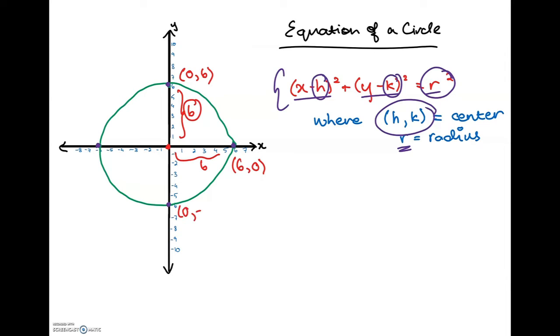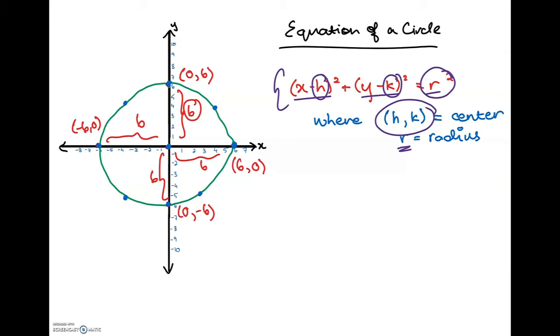And this is 0, negative 6, so this distance is also 6, and the same goes for this point over here, negative 6, 0, and this radius is also 6. So that's how you know it's a circle, because the distance from the center to each of these 4 points is the same. Or any point on the circle, even over here, the distance would still be 6. That's how you know whether it's a circle or not.